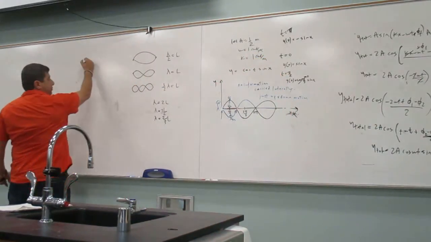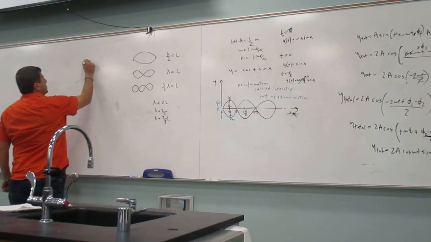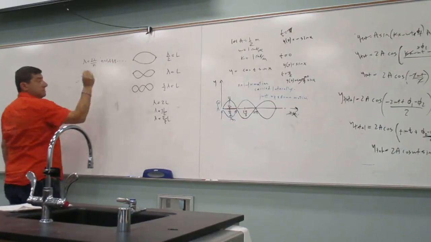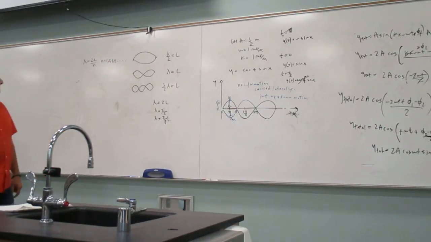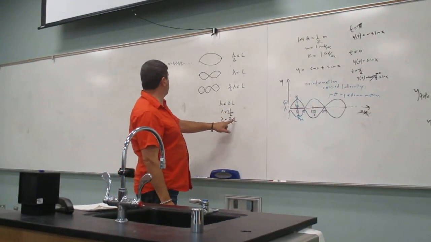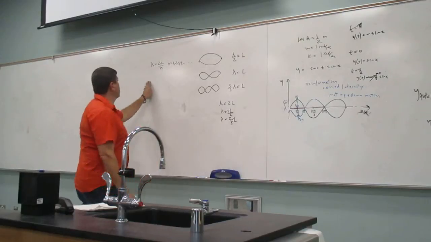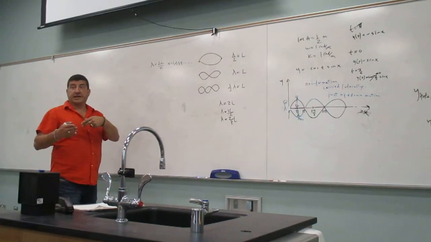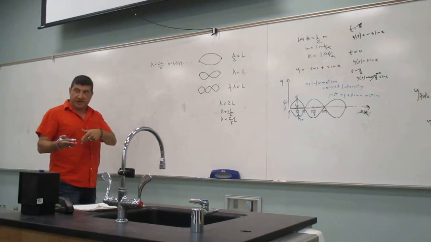So then we're going to have what? Lambda is equal to 2L over n, where what? N is 1, 2, 3. Does that fit the pattern? 2L over 1, 2L over 2, 2L over 3, right? Then we're going to flip this and solve for the required frequencies of that wave, right?